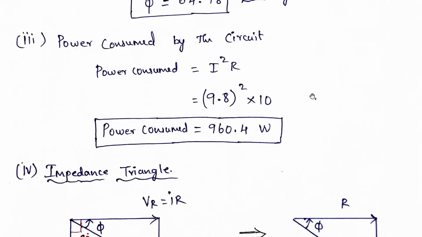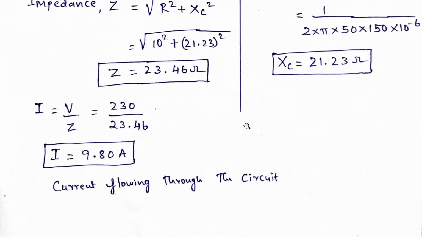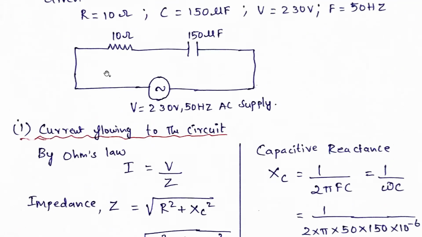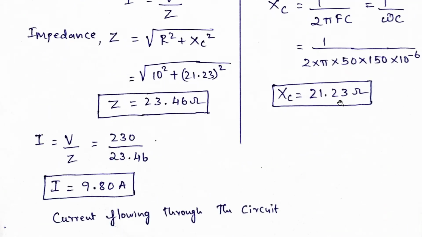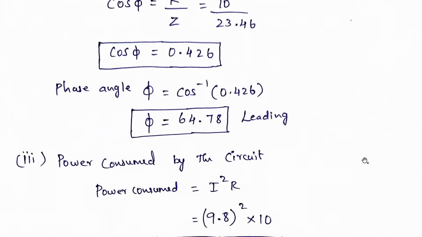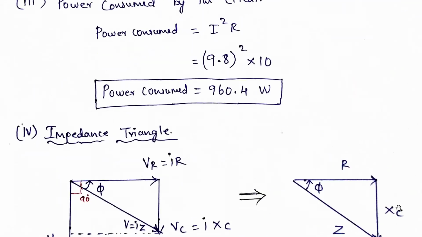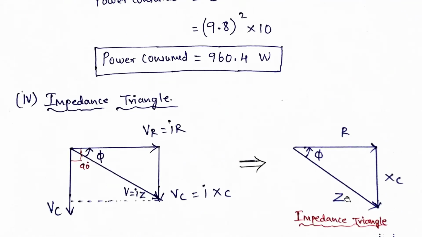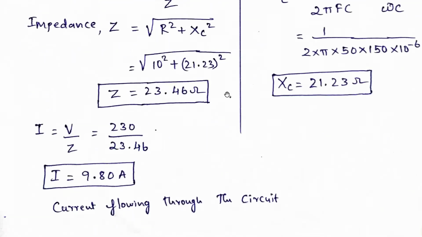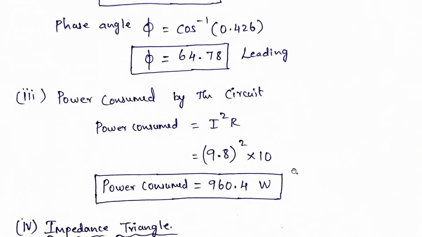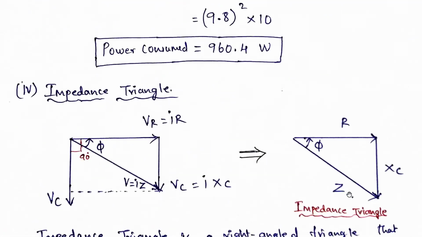R is 10 ohms, given in the problem. What is XC? XC we already calculated as 21.23 ohms, so that comes over here. What is Z? Z we already calculated, 23.46 ohms. So that we need to write over here.